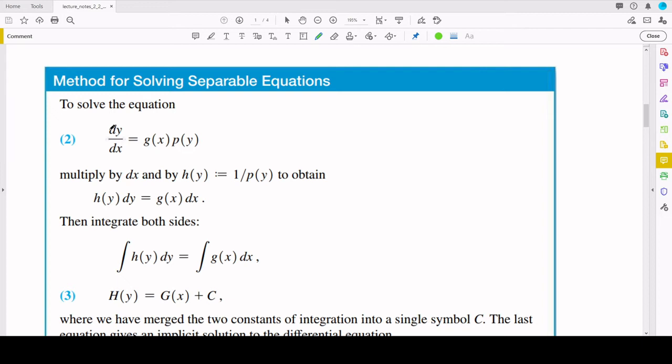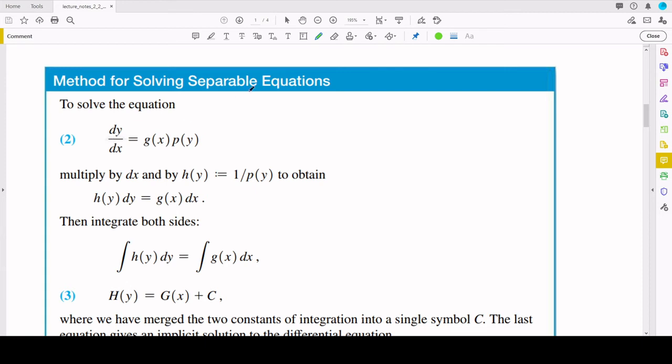Now, that seems a little bit iffy because dy/dx is a notation for the derivative of y, and it does not literally mean dy divided by dx. But I will show later that this makes sense. So just think about dy divided by dx, even though that's not entirely correct.